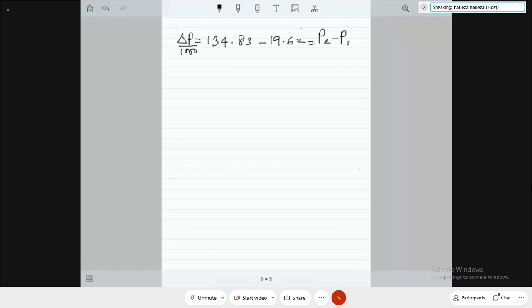Now, the unit that we have, let's change this first to get the difference. What is the difference? And then multiply by 1000. 134.83 minus 19.62 and multiply by 1000. Your answer will be 115.21.